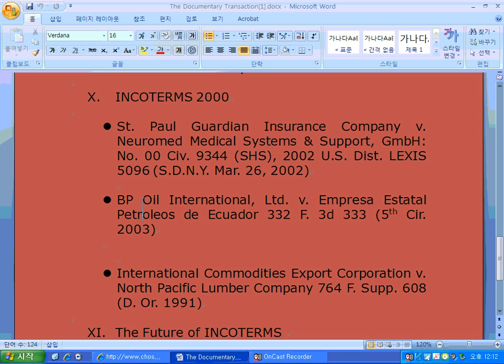As I said in the last class, the parties would do better if they were strictly subject to the terms and conditions.